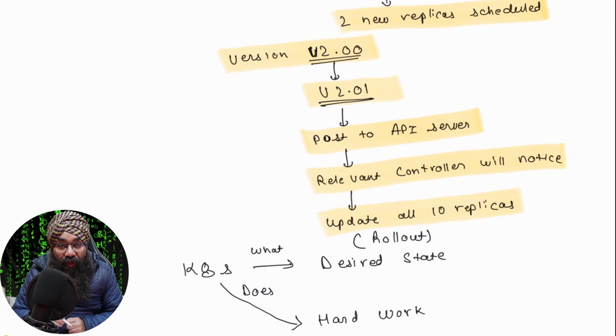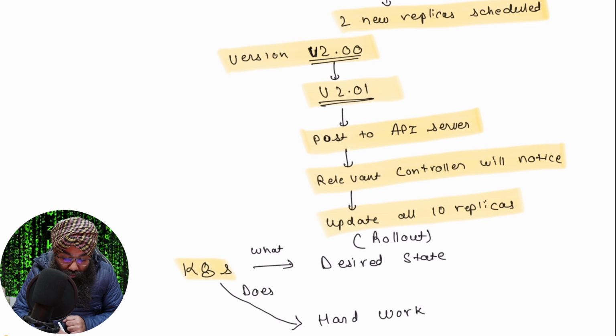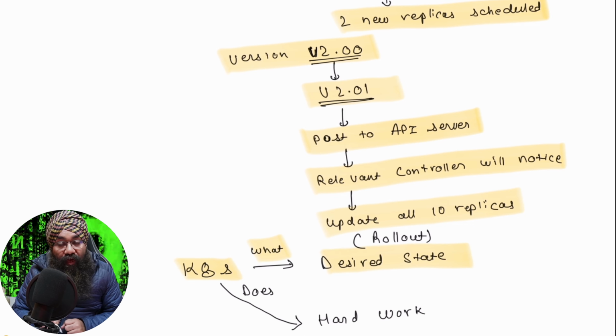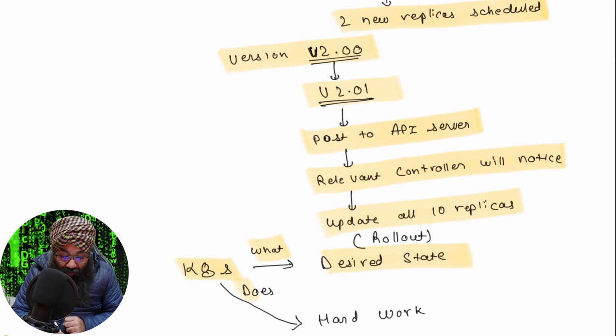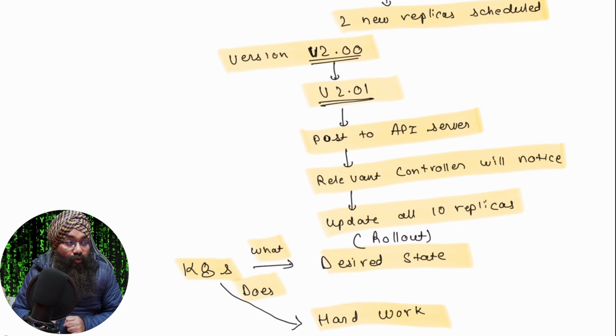So it will keep increasing the 2.0.1 replicas one by one, and keep decreasing the 2.0.0 replicas one by one, so that it is a zero downtime update. Okay. So you tell Kubernetes what desired state should look like, and Kubernetes does the hard work to achieve your desired state.